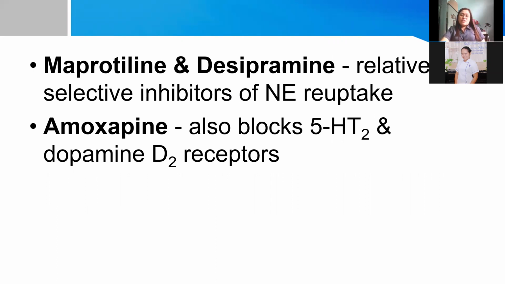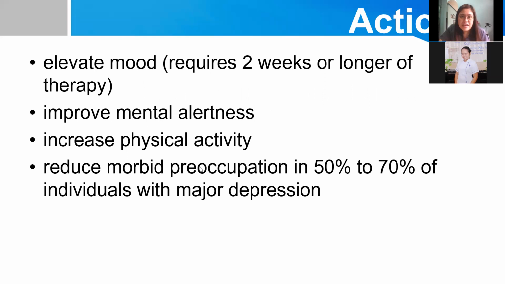They are serotonin and norepinephrine reuptake inhibitors, but these two have more affinity to the NET than to the SERT, which is for serotonin. And then amoxapine, aside from blocking this receptor, remember this is the receptor that can cause anxiety, depression, and hallucination for serotonin, so it can block these receptors also. Amoxapine can also block the dopamine receptors. So those are just additional activities.